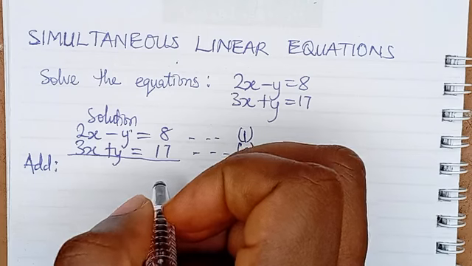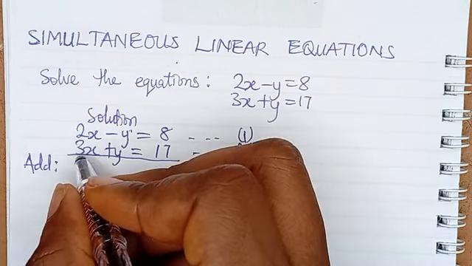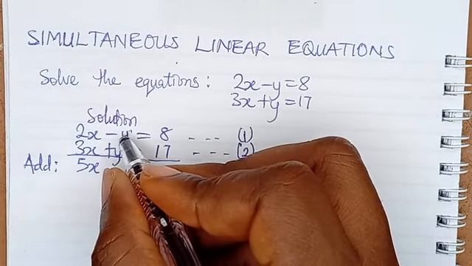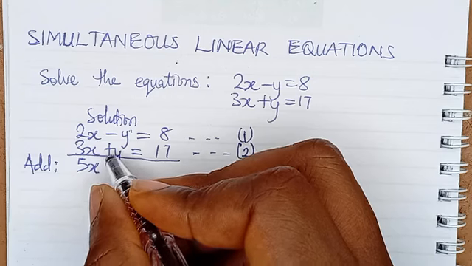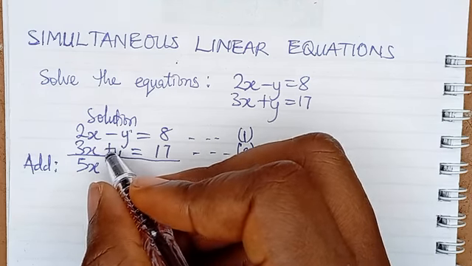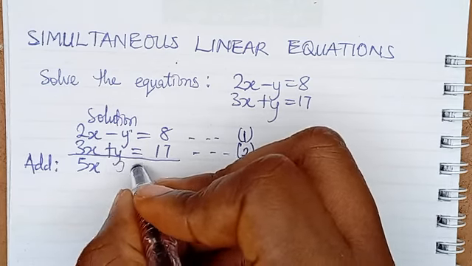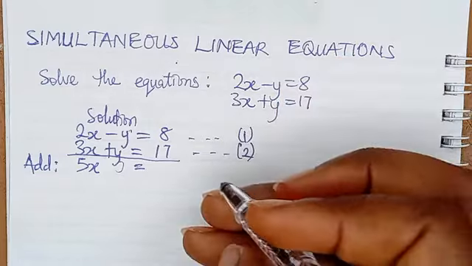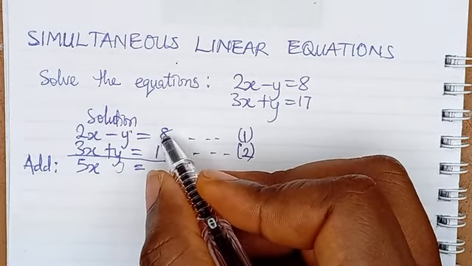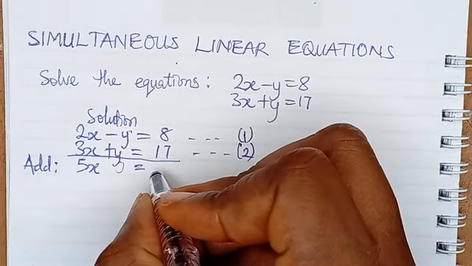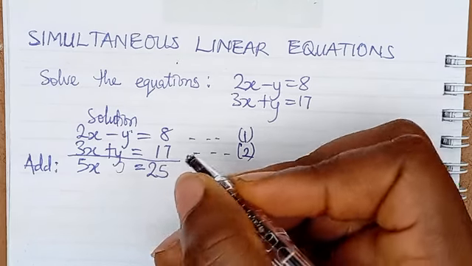So when we add, we get 2x plus 3x is equal to 5x. Minus 1y plus 1y is going to give us 0, so no need to write it. We've eliminated it. So 8 plus 17, that is going to give us 25.